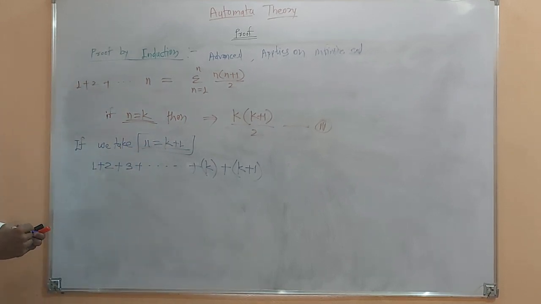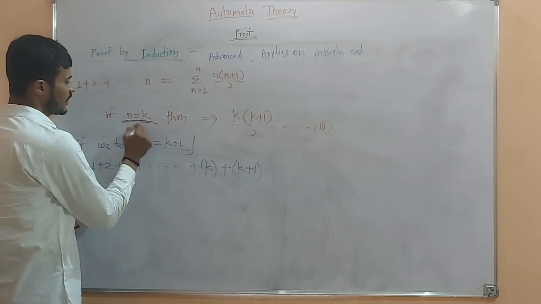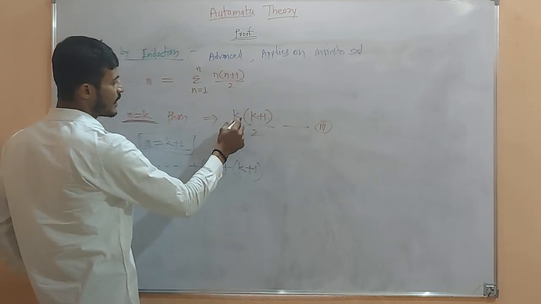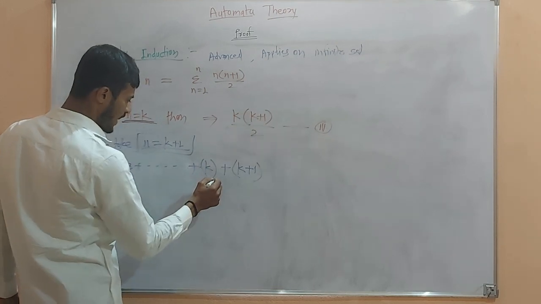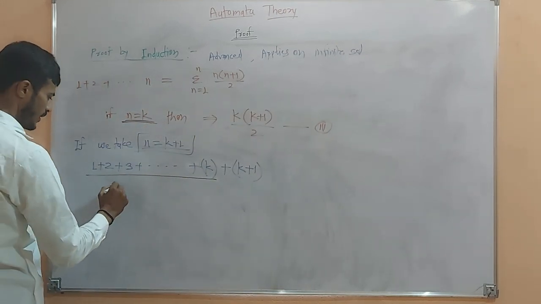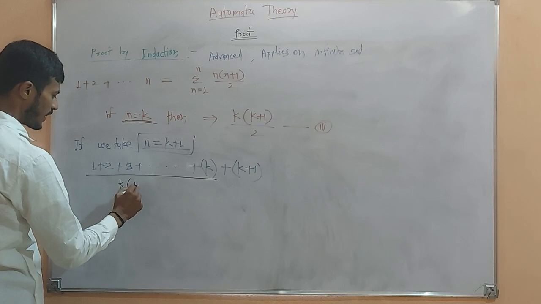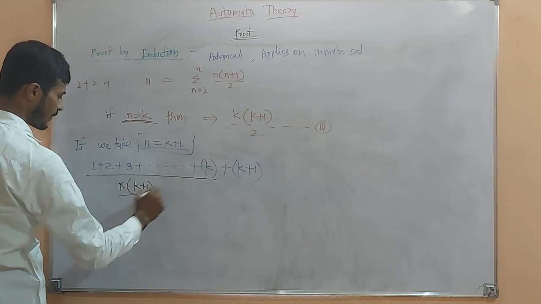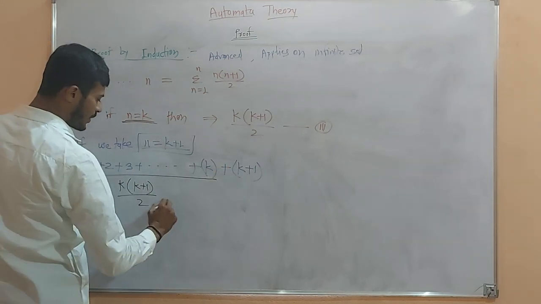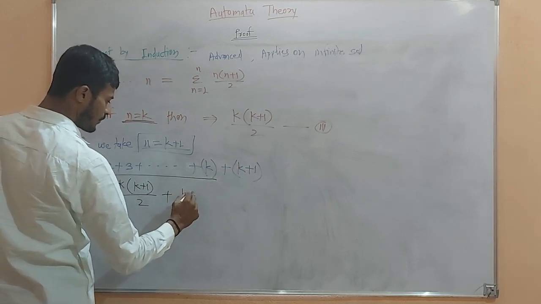So already we know that if n equals k, then k in bracket k plus 1 by 2. Hence for this I will take here k in bracket k plus 1 divided by 2, and then I will take here k plus 1.